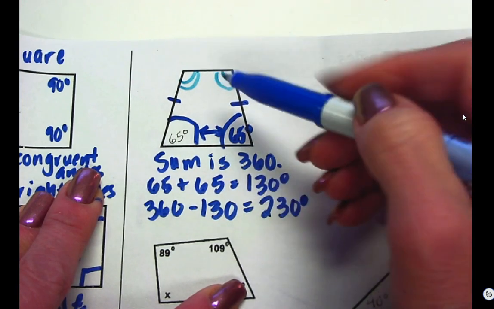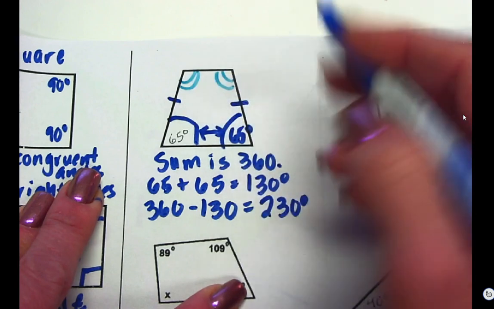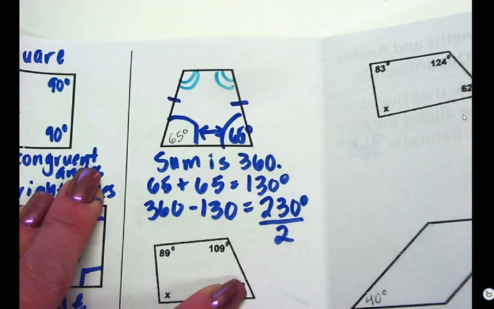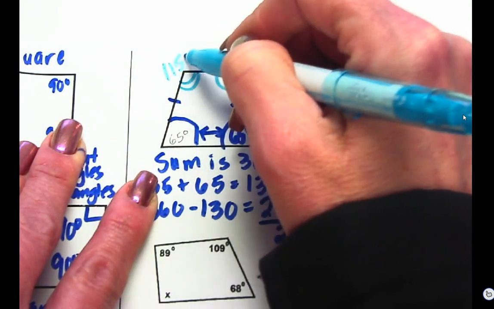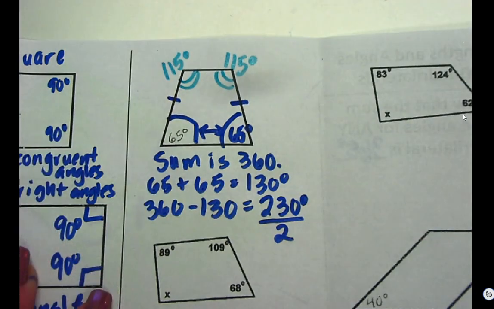So does that mean that this angle is 230? No, there's two of them, so you have to do what? Divide by 2, and then you get what for these angles? 115 each of them. That's good. You guys caught on quickly. That's awesome.